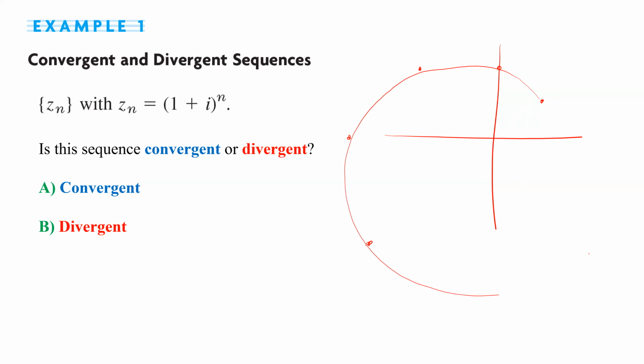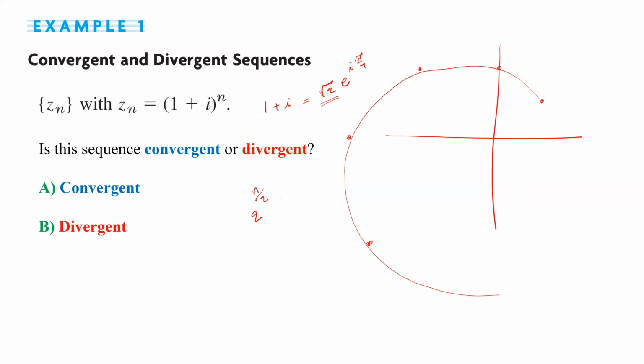You remember we said that 1 plus i is square root of 2 e to the i pi over 4, right? So if you keep raising the power, the modulus of these numbers becomes 2 to the power of n over 2, or square root of 2 to the power n.